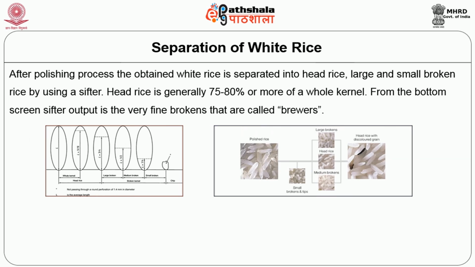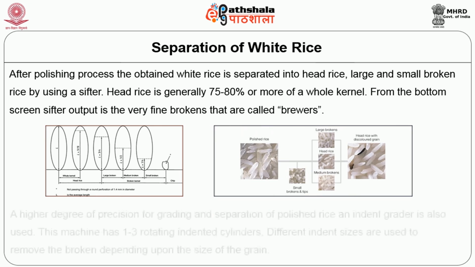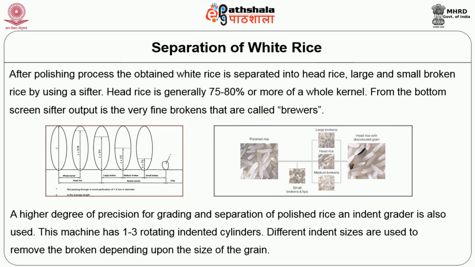From the bottom screen sifter, the output is the very fine brokens that are called brewers. A higher degree of precision of grading and separation of polished rice is done by using an indent grader. This machine has 1 to 3 rotating indented cylinders. Different indent sizes are used to remove the brokens depending upon the size of the grain.